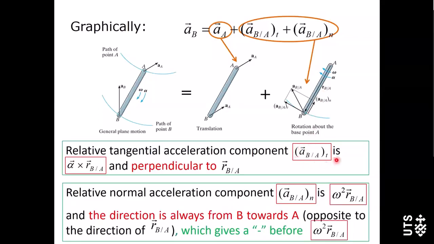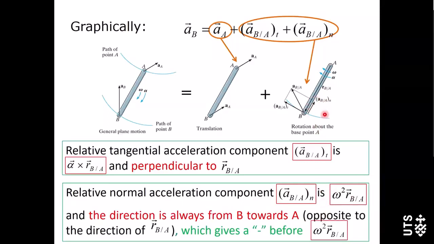The tangential component can be calculated using the angular acceleration of AB cross product vector RBA. The normal component can be calculated using omega square times vector RBA.